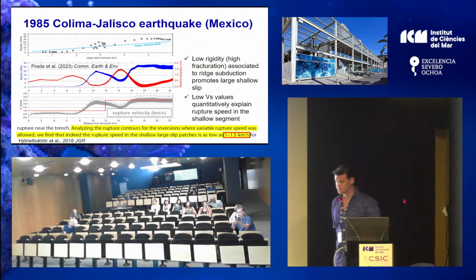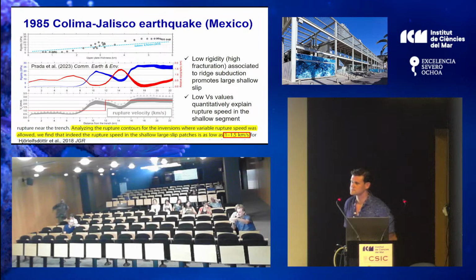Am I correct? Usually those fractures come associated with fluid flow, so I was thinking whether you see, associated to these lower rigidity areas over the seafloor, areas of fluid emission, such as large pockmark concentrations or mud volcanoes, or any feature that could be indicative of fluid flow through these more fractured zones.